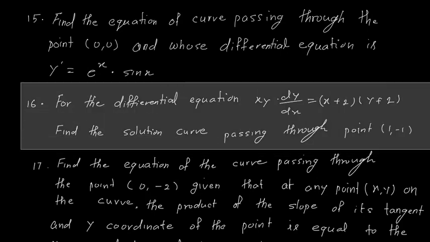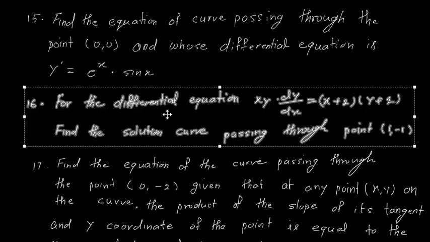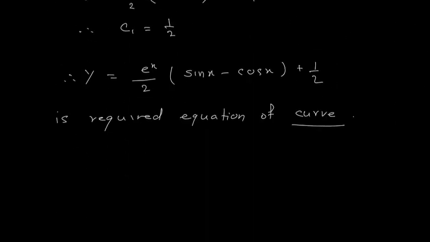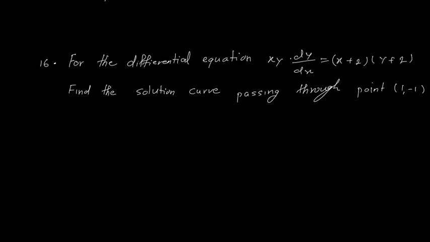Now see this 16th question. Question number 16 is: for the differential equation xy dy/dx = (x + 2)(y + 2), find the solution of the curve passing through the point (1, -1).